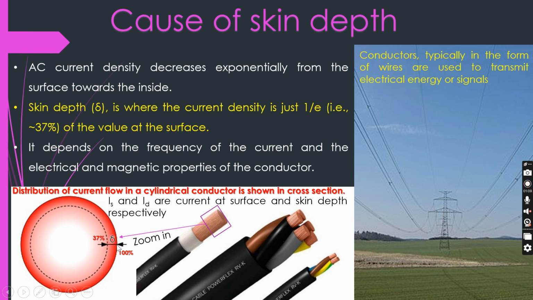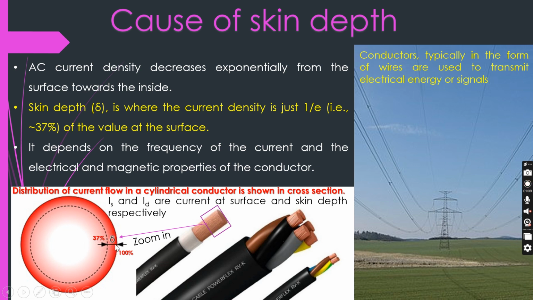Within the circle, if we assume maximum current, 100%, flowing at the surface, then this delta will be a certain depth at which it becomes 37%. In the central part, current flow is negligible. So most of the current flows in and around the surface.